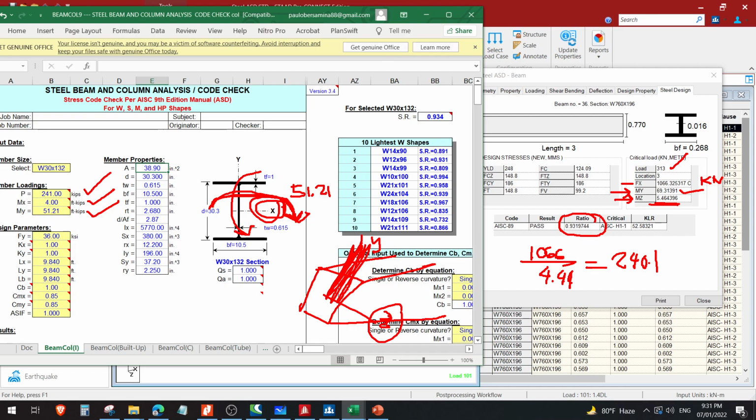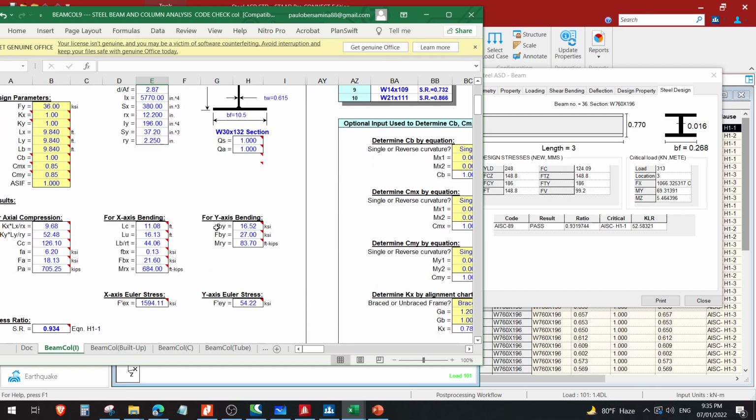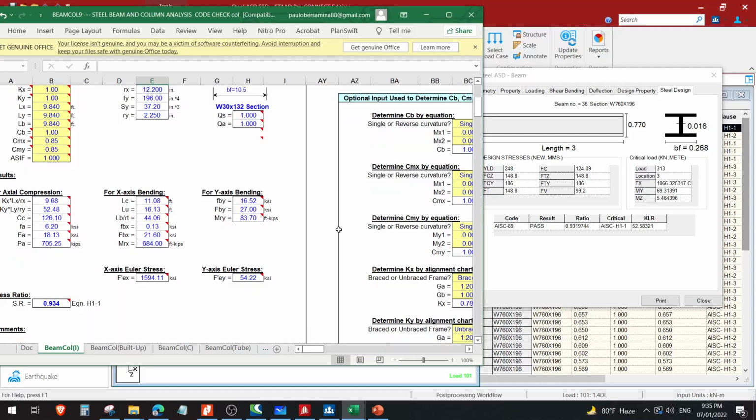So tingnan natin, no? And i-input ko din yung 3 meter height. So 9.84. Yan. And that's it. Ang lumabas din yung capacity ratio is 0.93. So which is pretty close kay STAAD. Okay? And let's see, let's compare yung mga capacity niya. So ito siya. Yan.